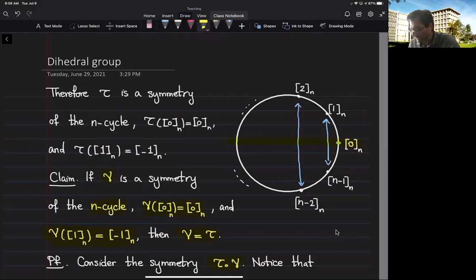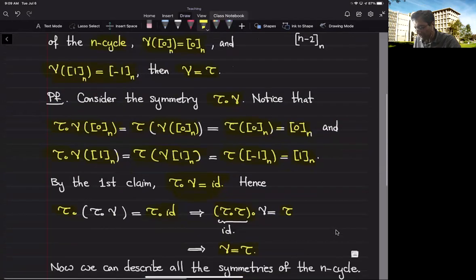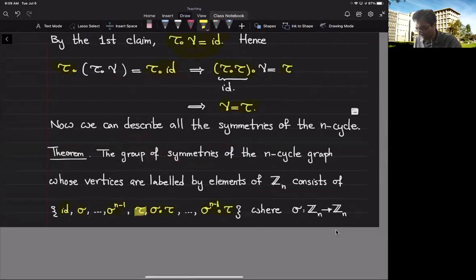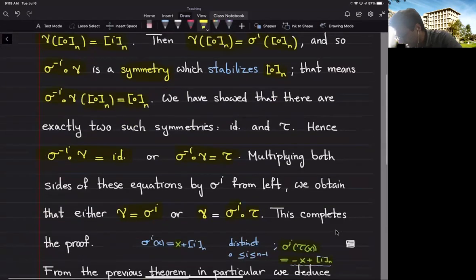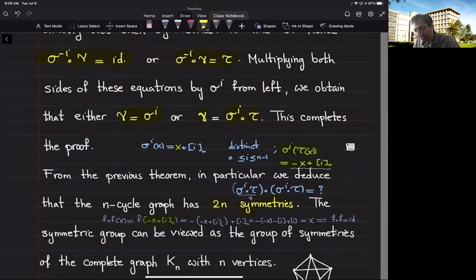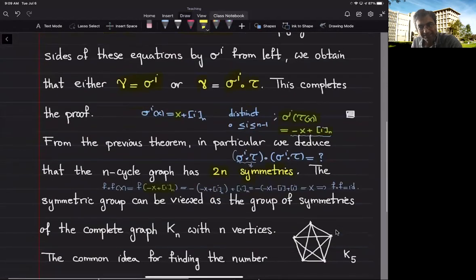But of course, I can look at this line and think about reflections about this line or other n lines that we have, and we can take symmetries about those lines. And essentially, it's the same as saying that I'm taking this reflection and then rotating them one after another. And those are all these different powers that we are getting over here. Therefore, when I apply them twice, it's like getting identity. So altogether, we end up getting this precise description of all the symmetries of an n-cycle.